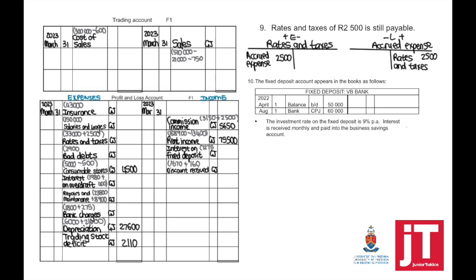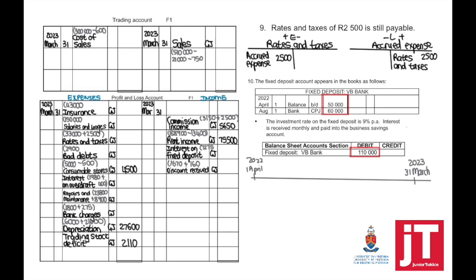To find out what the interest is for this accounting period, I cannot just take the balance from the pre-adjustment trial balance, 110,000, and multiply that by 9%, because there were movements during the year. My accounting period ends 31 March 2023, which means it starts on the 1st of April 2022.